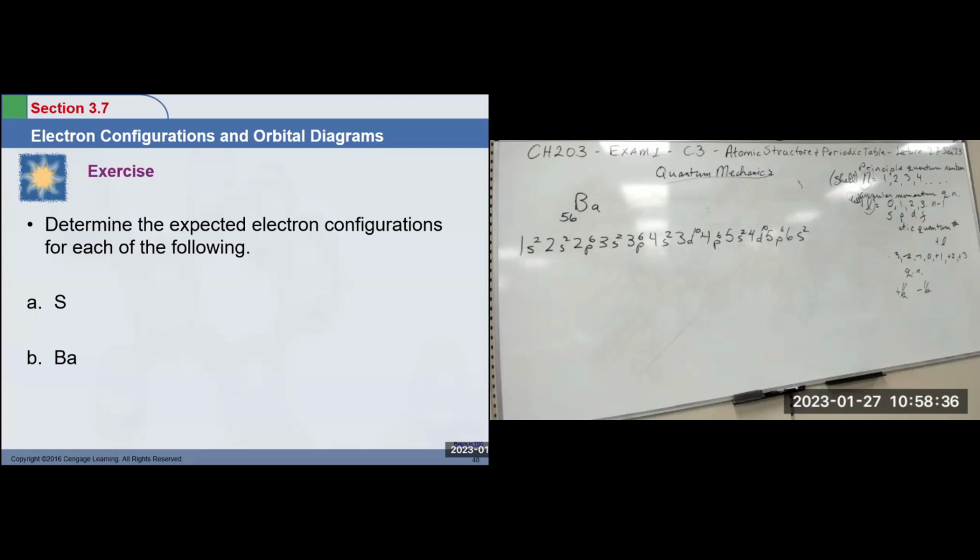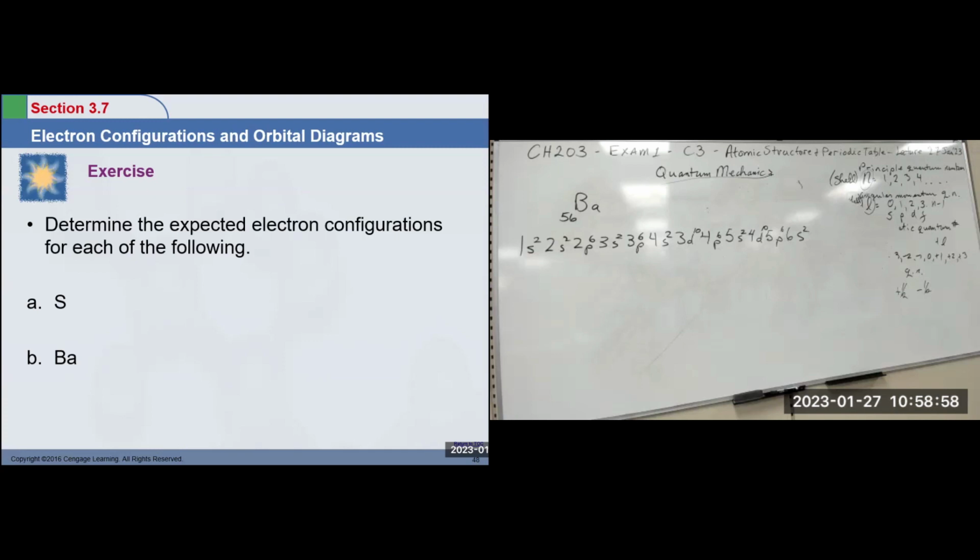So those are 3d. Then you go back up to 4p. Now you're in period 5: 5s, 4d, and then back up to 5p. Now you're in 6s. So barium is going to have 6s2 on the very tail end.